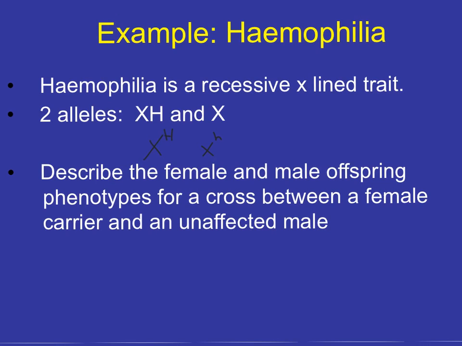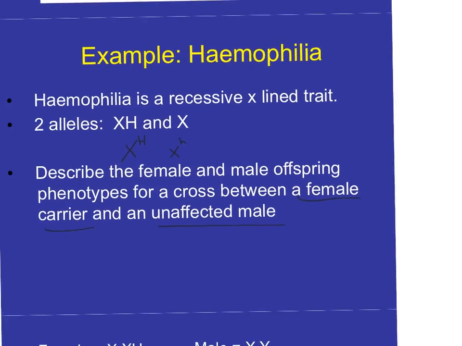I want you to see if you can create the Punnett square for this problem. The mother and father are a female carrier and an unaffected male. Pause the video, give it a try. I'm going to work on it over here.